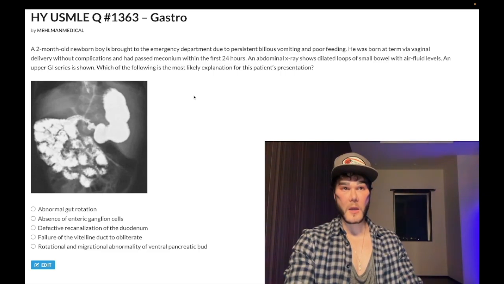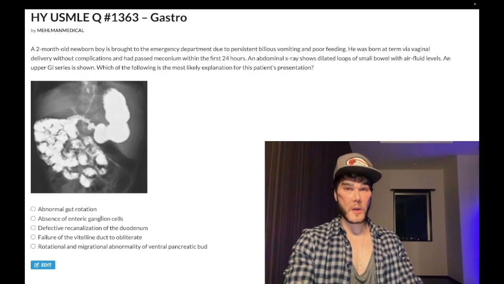It refers to sticky, inspissated, which means dried up, meconium within the lumen of the ileum, hence the name meconium ileus. In Hirschsprung, although there's failure to pass meconium, we don't call that meconium ileus. That's a pedantic technicality you've got to know in terms of the phrasing.